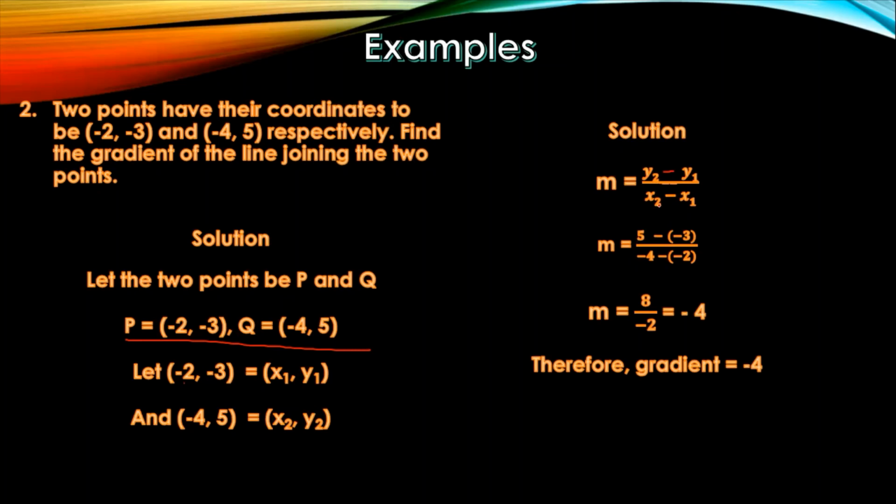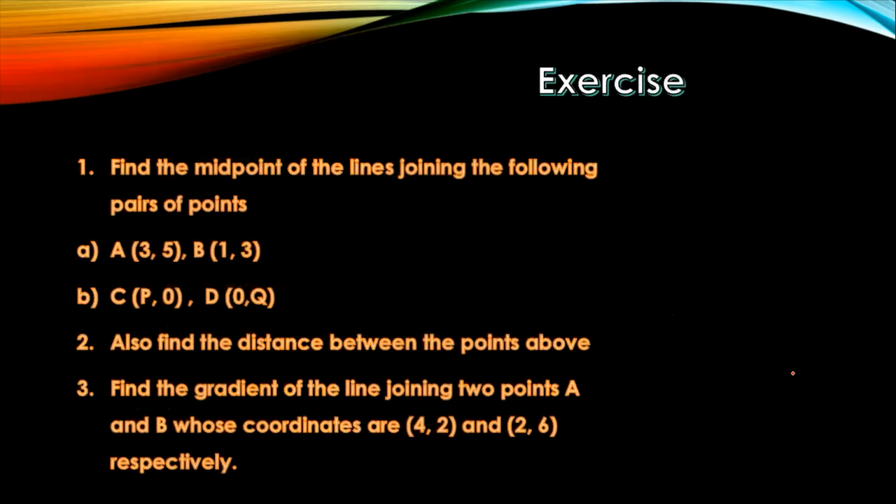And our y2 is 5, our y1 is what? Is -3. Our x2 is -4, our x1 is what? Is -2. Minus minus will give us plus, so 5 plus 3 will give us 8. Minus minus will give us plus, -4 plus 2 will give us -2. 8 divided by -2 will give us -4, and that is it. Our gradient is what? Is -4.